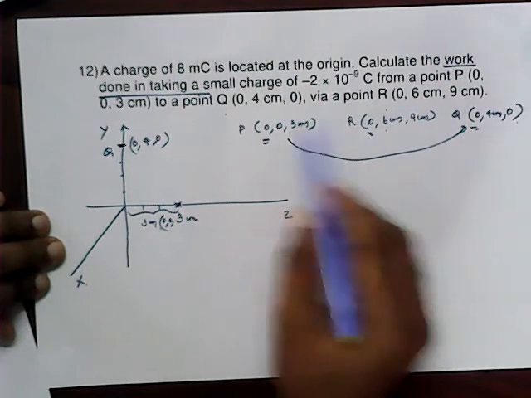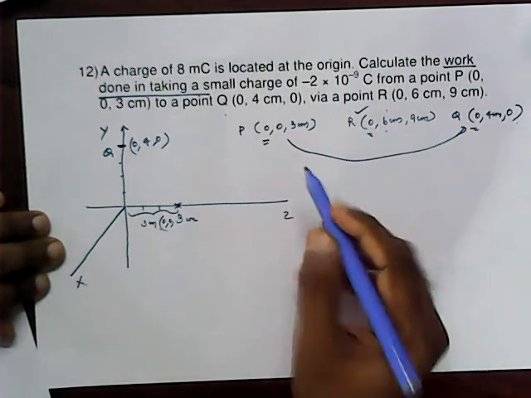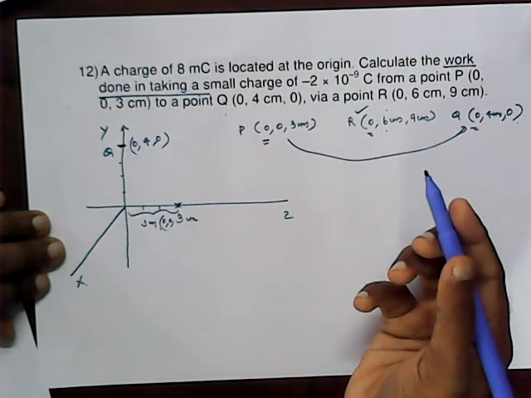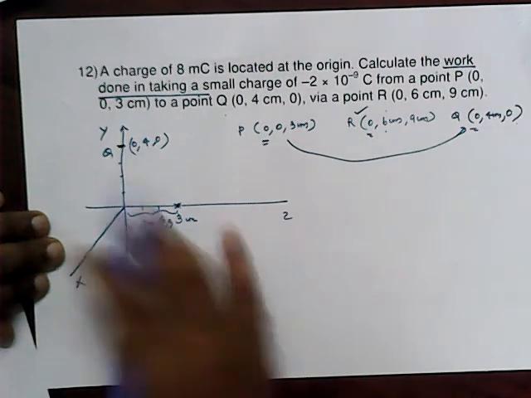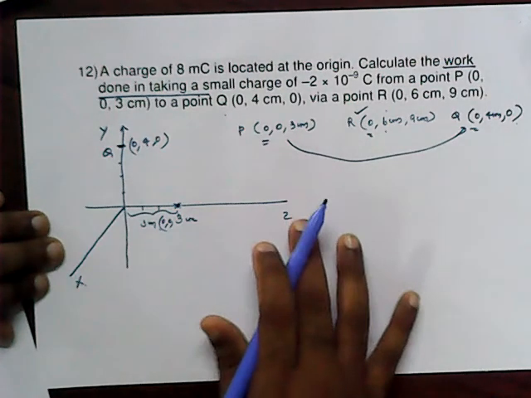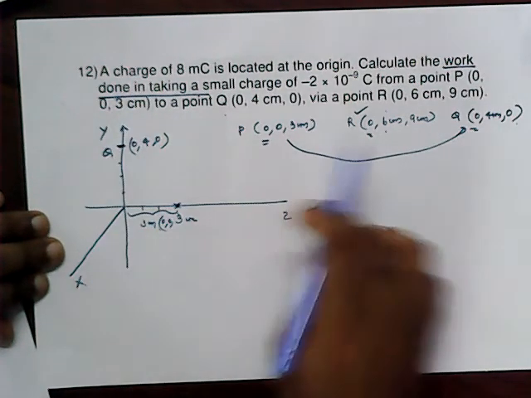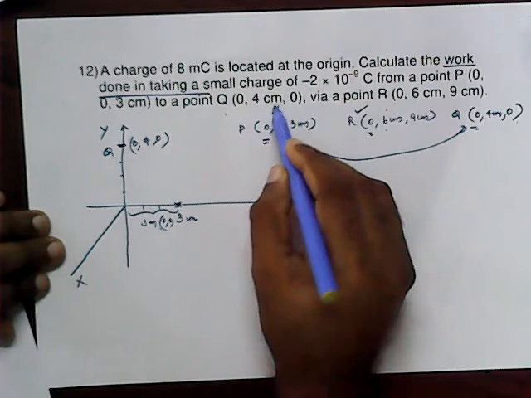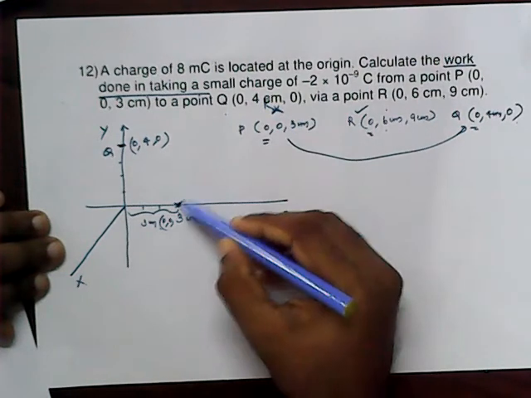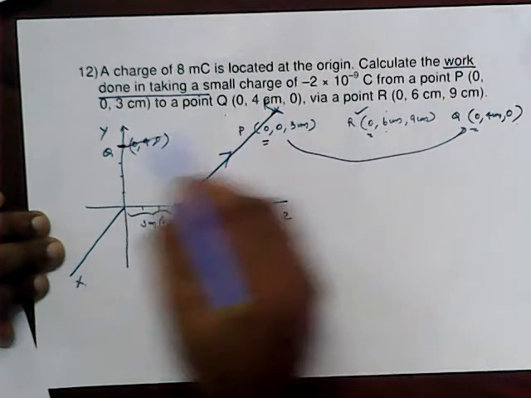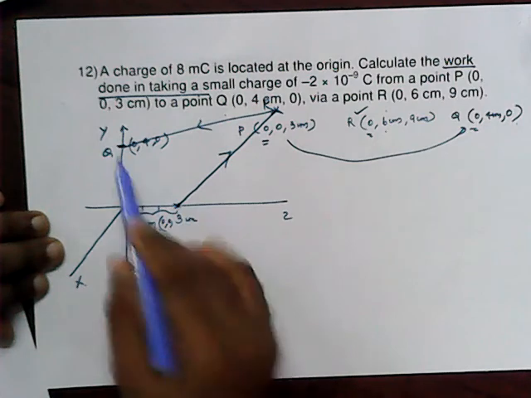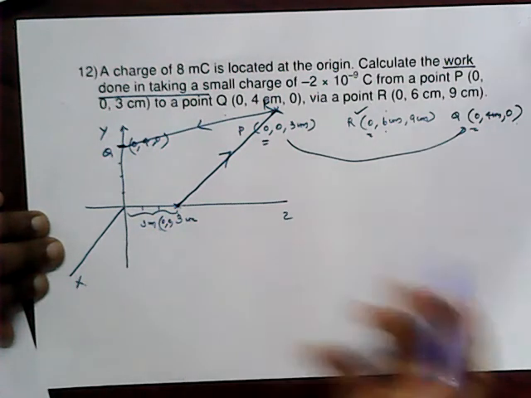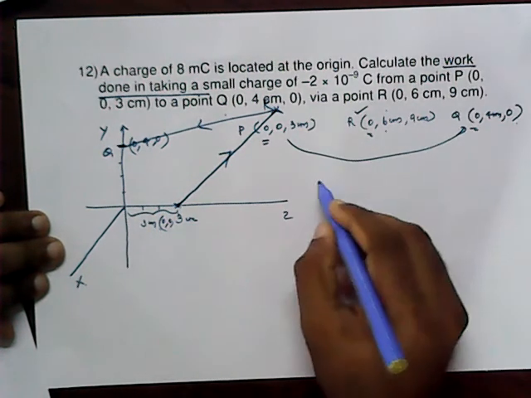So there is no need to concentrate on the point R, but it is given as (0, 6, 9), the x-axis is 0, so in the plane of YZ, 6 and 9. Around this point is R, so it will take this way to this point. But it only depends upon the initial and the final points. Hence we can easily find how much work we have to do.